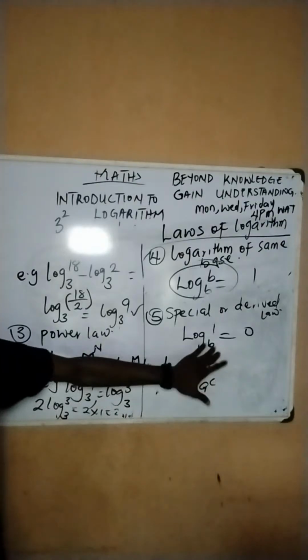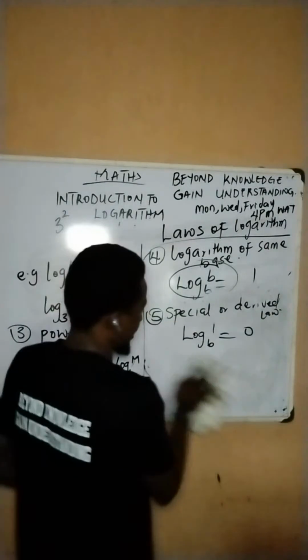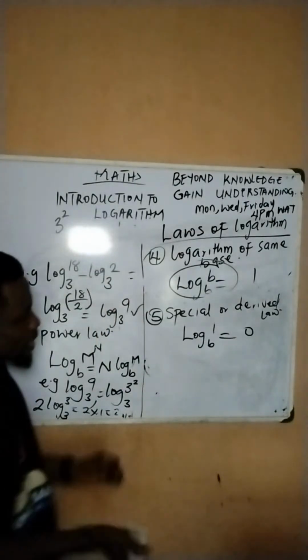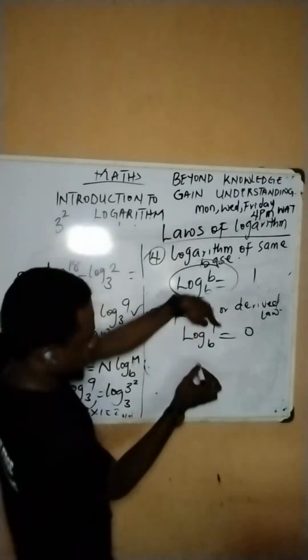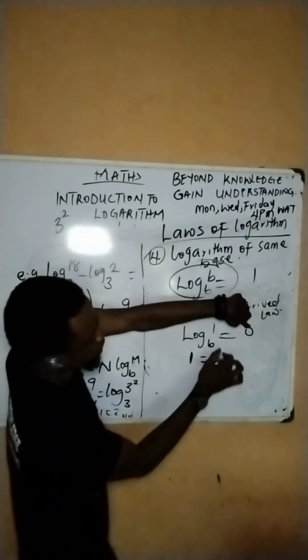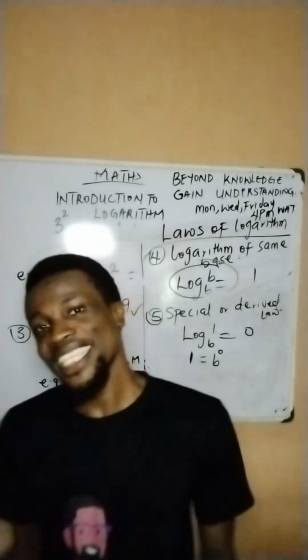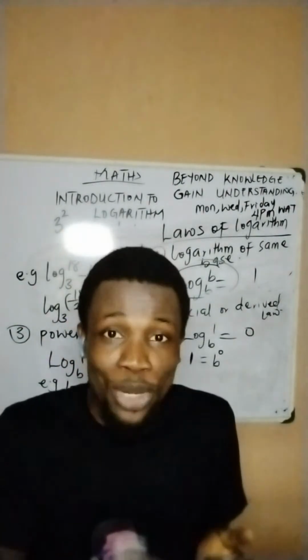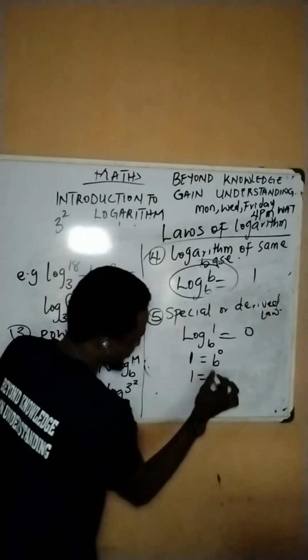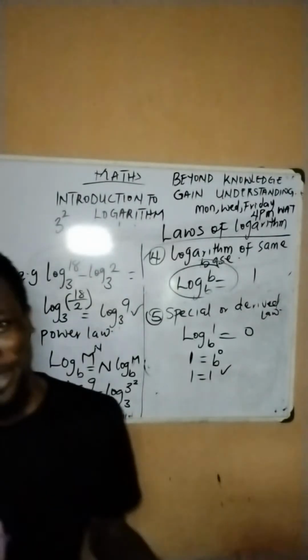So if we apply that here, we see that 1, which is the log, is the same thing as the base b raised to the power of 0. And remember, in math, anything raised to the power of 0 equals 1. So this is the same thing as saying that 1 is equal to 1. So this law is already proven. I hope this is making sense.